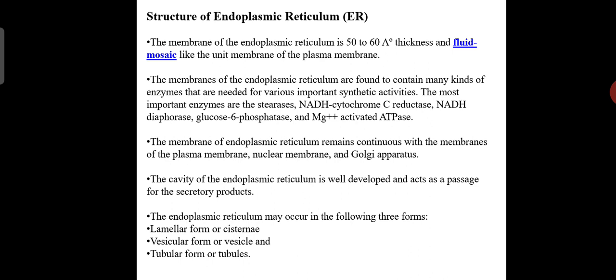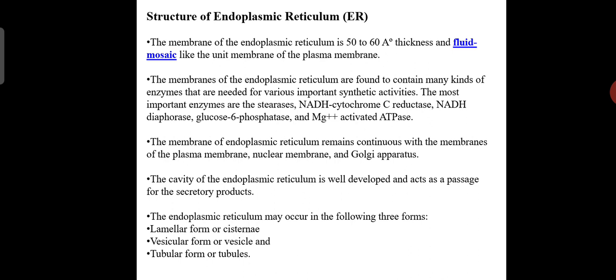Now we study the structure of the endoplasmic reticulum. The membrane of the ER is about 50 to 60 angstrom thick, and is a fluid mosaic like the unit membrane of the plasma membrane. The membranes of the endoplasmic reticulum are found to contain many kinds of enzymes that are needed for various important synthetic activities.